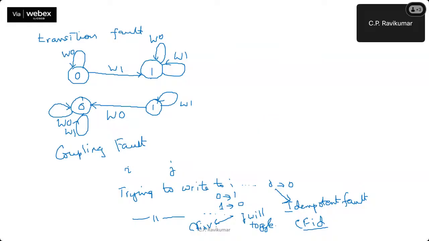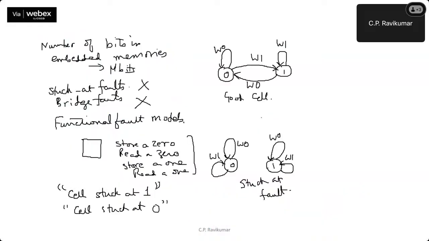The cell structured faults, I would assume that they are the easiest to test. So we write a zero into a particular cell and then we read it back. If it does not have a zero, if it has a one instead, then obviously the cell is stuck at one, or at least it behaves like a cell which is stuck at one. Then it could be a cell stuck at zero.